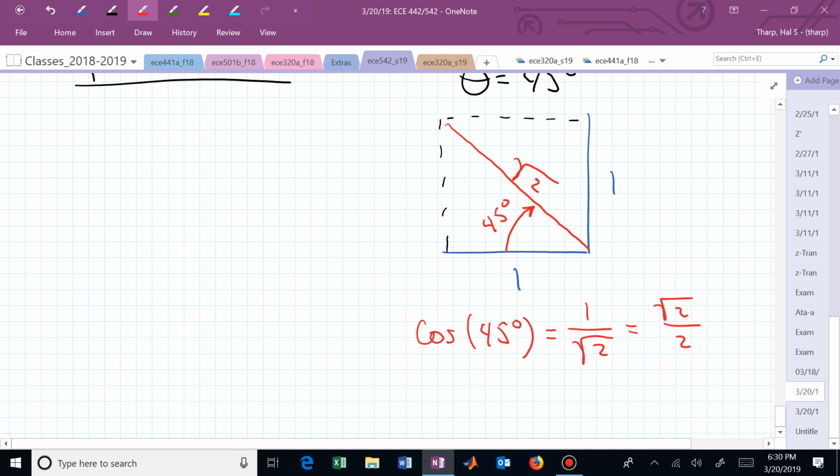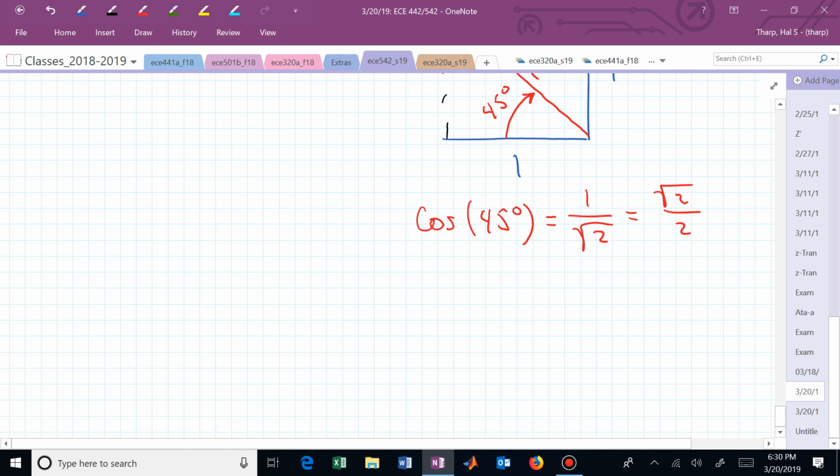And what's the square root of 2? 1.414. Divide that by 2, 0.707. So our zeta of 0.7 corresponds to an angle of 45 degrees. So a damping ratio of 0.7 gives us this 45-degree angle.